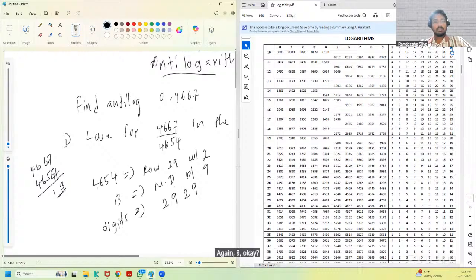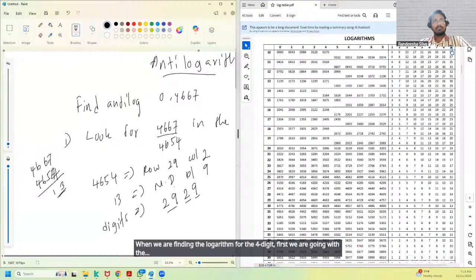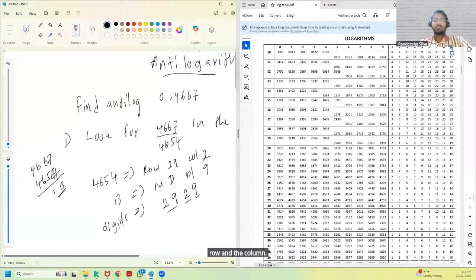This is the row number, this is the column, and this is the mean difference. It's the same as when we are finding the logarithm for a 4-digit number: first we go with the row and the column, and the fourth digit we find in the mean difference. So we have 4 digits now.